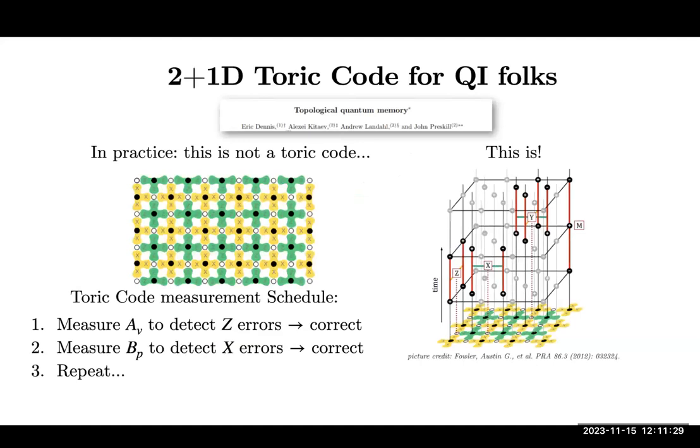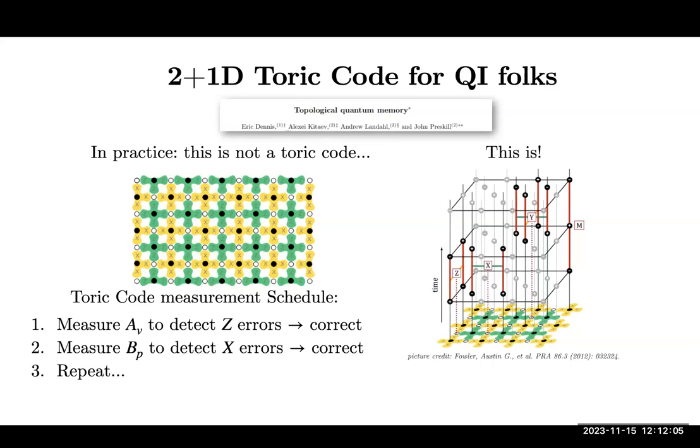Now this is all understood. But if you ask a quantum information person, they might argue that this is not the toric code we actually do in an experiment in the lab. You would actually have to not only have this model, but also measure these stabilizers and use them to correct for errors, like a Z error or an X error.